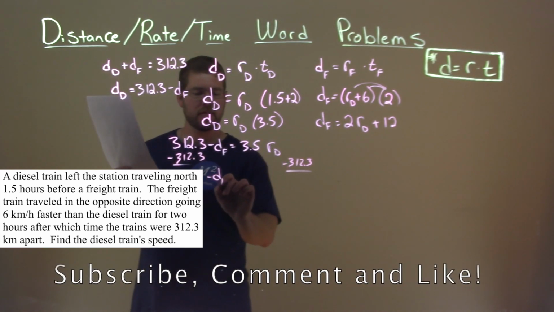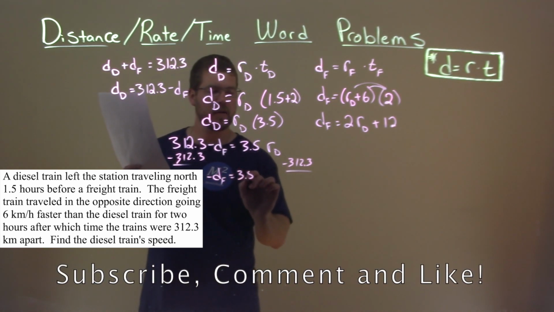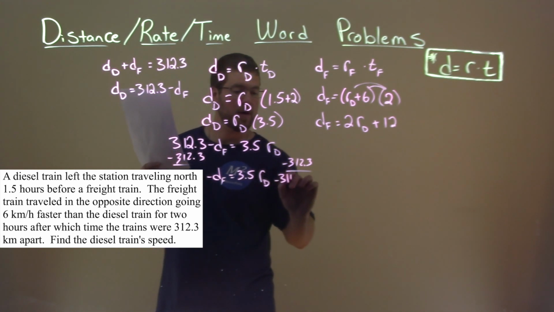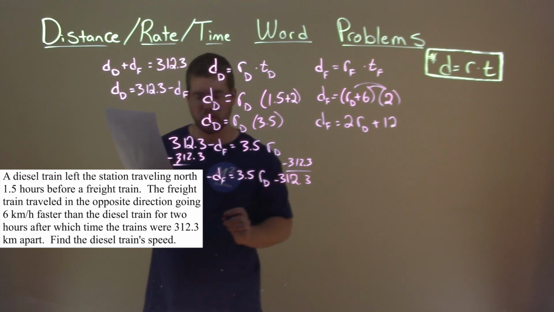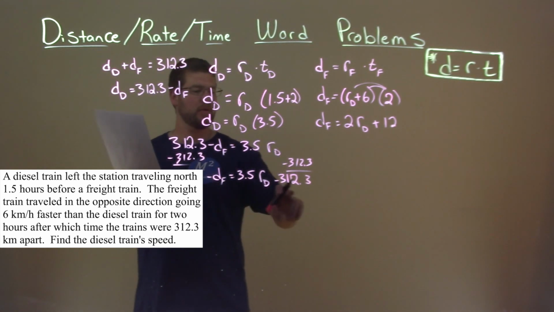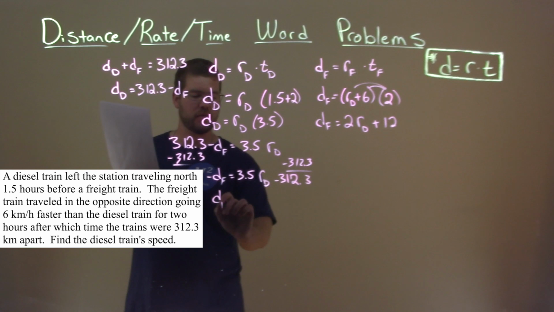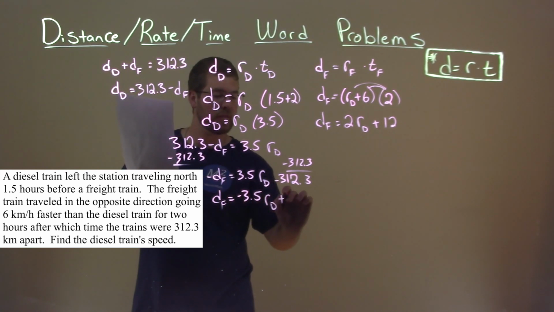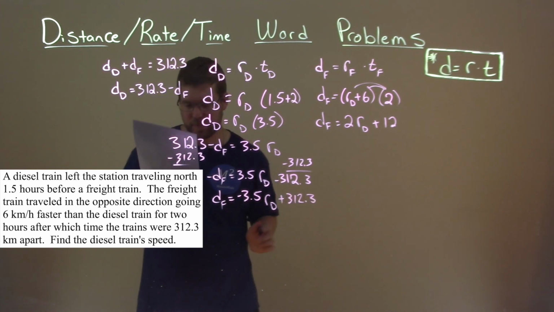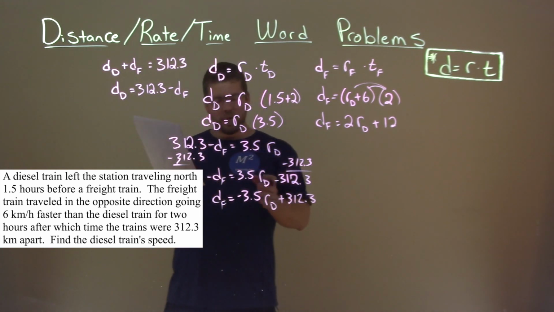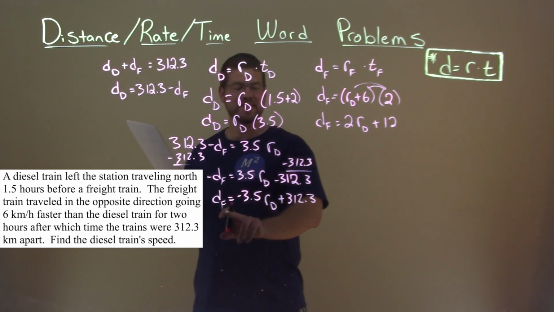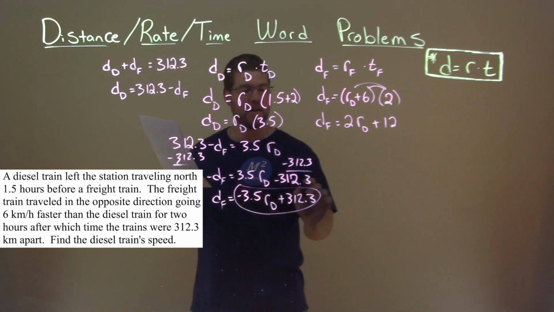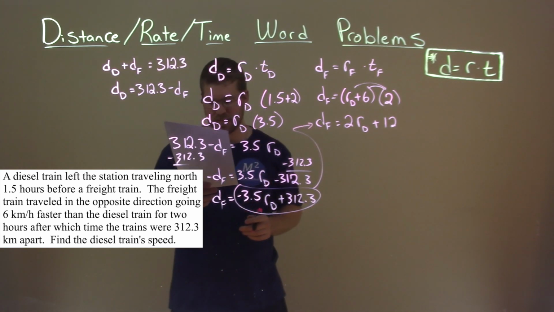And we have negative distance of the freight train is equal to 3.5 times the rate of the diesel train minus 312.3. Now this negative we bring over to this side to make distance of the freight train positive, and that's negative 3.5 times the rate of the diesel train plus 312.3. After all that, we know distance of the freight train, we can plug it in here. So we're substituting all of this in for the distance of the freight train.